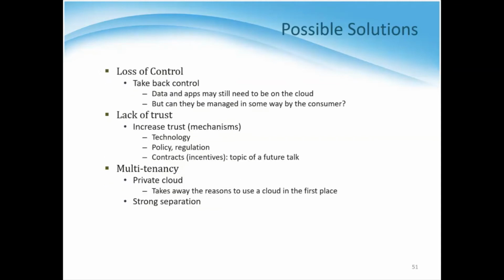So that is another concept behind loss of control, lack of trust, and multi-tenancy. Take back your control. Data and apps may still need to be on the cloud, but can they be managed in some way by the consumer? What controls did I give my user to unmute themselves, to control the video, to share something on the screen?